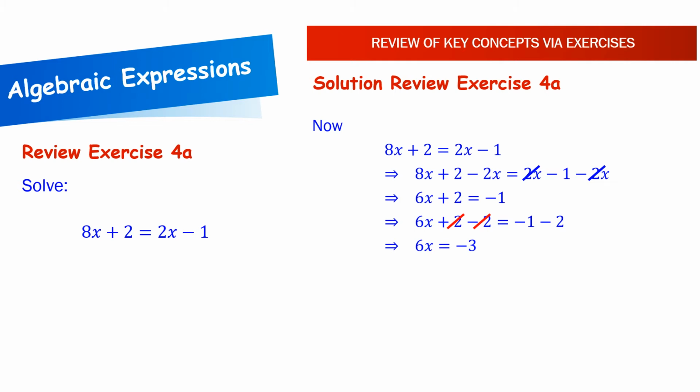So we're left with 6x equals minus 3. And finally, dividing through by 6 gives us that x equals minus a half.